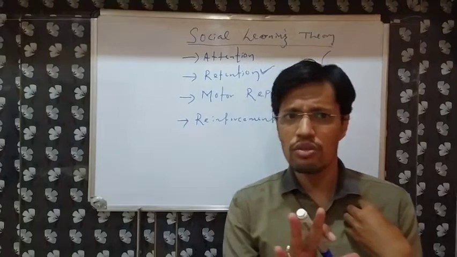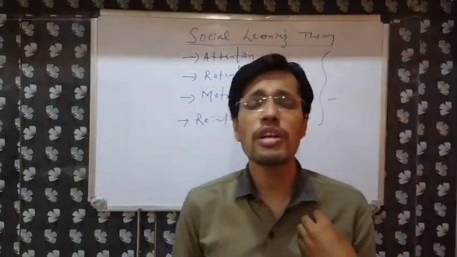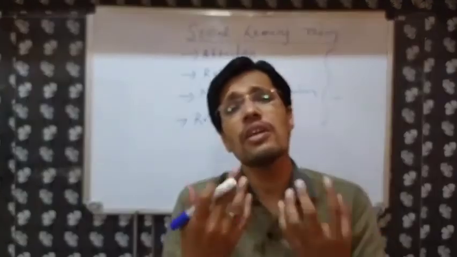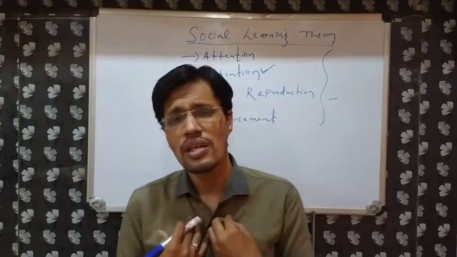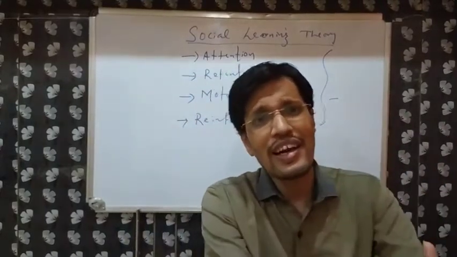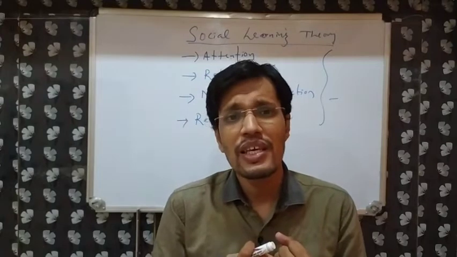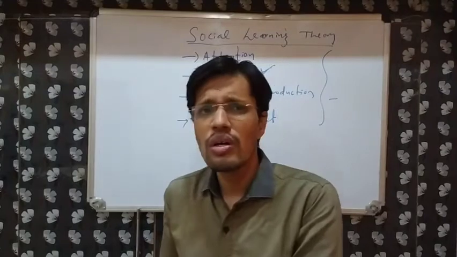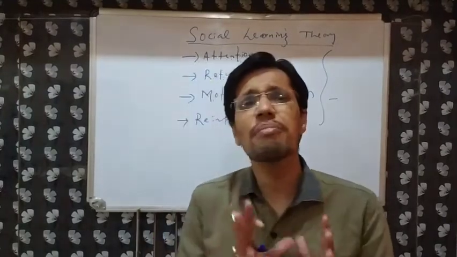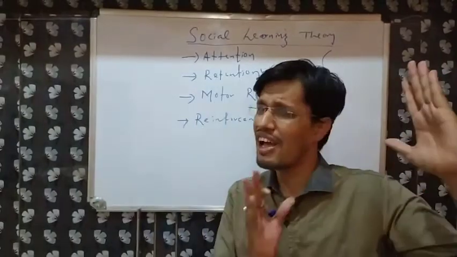Learning is yet to come. Third is motor reproduction. In motor reproduction, whatever behavior, attitude or thing he grabbed and observed, the learner tries to show and present independently, even when the model is absent.